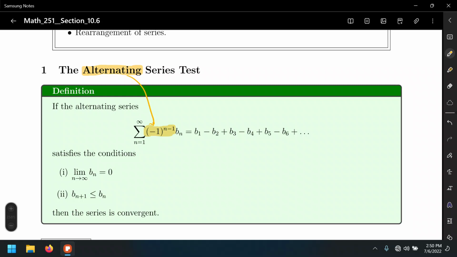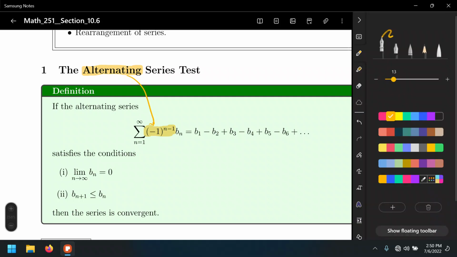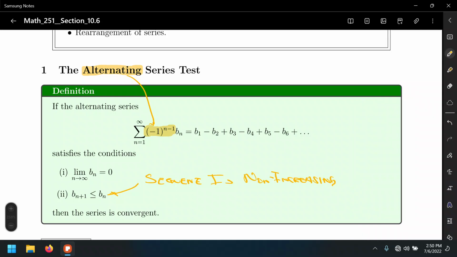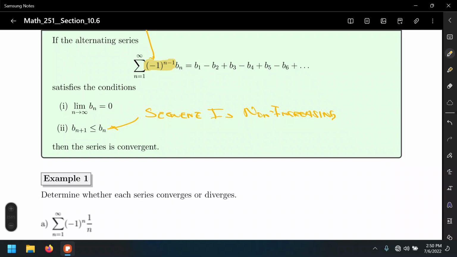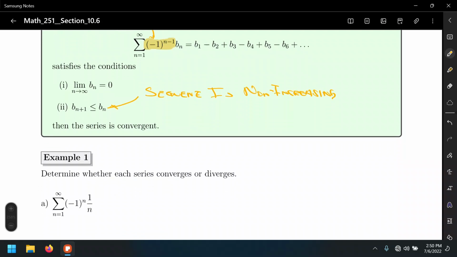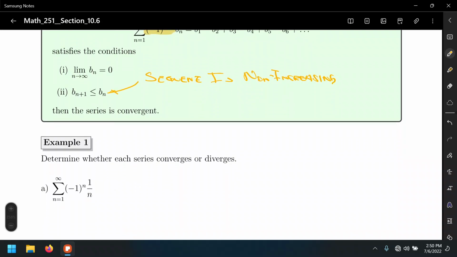The sequence is non-increasing. That's what it means. So let's determine whether each series converges or diverges.